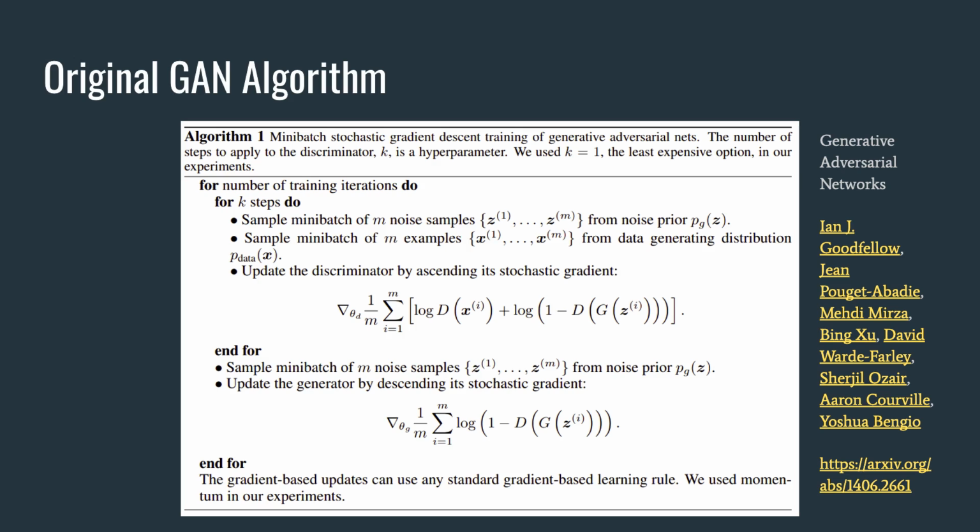If you just read down your typical GAN training loop, we sample a mini batch of noise, and then we sample a mini batch of real images from our data, and then we compute this gradient and take a step to update the discriminator. Usually this k steps is just one, so it's not even a loop. And the next one, we sample a mini batch of noise, and then we update the generator. So if you were looking at papers and looking at code, they would look the same, and I think that's unusual and interesting.